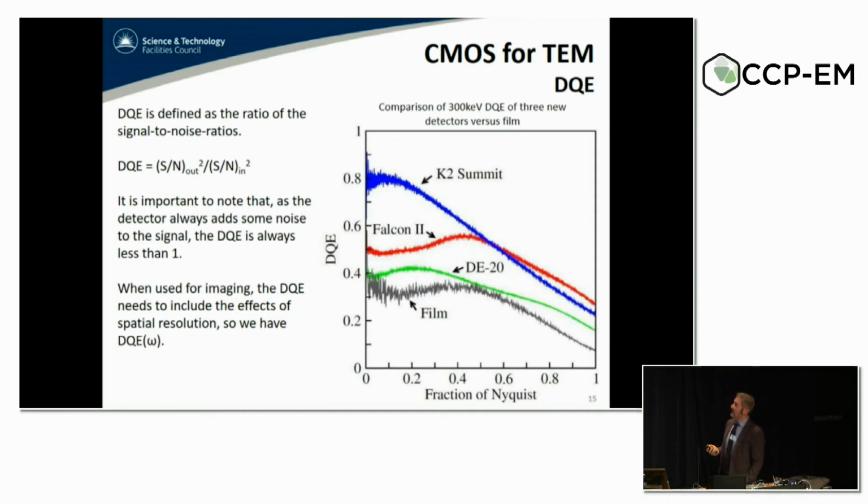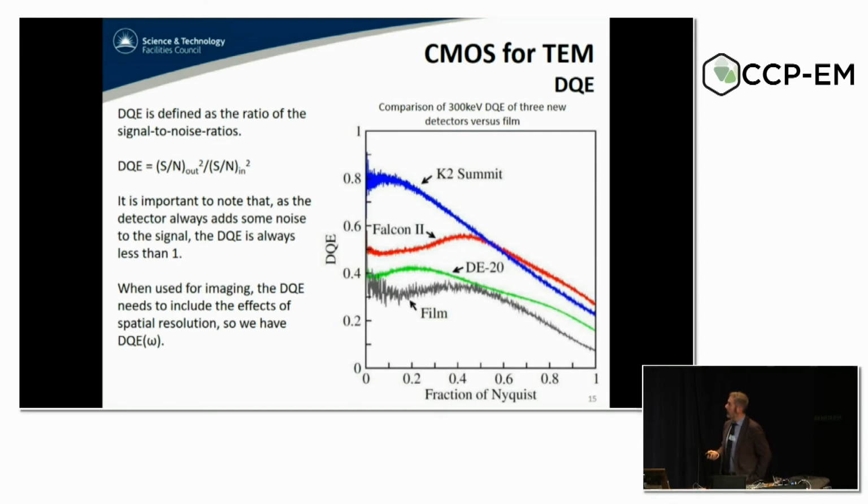DQE is defined as the ratio of the signal to noise at the input of your detector and the signal to noise at the output of your detector. Because no detector will be noiseless, DQE will always be less than 1. We try to make it as close as possible to 1, but it will always be less than 1.